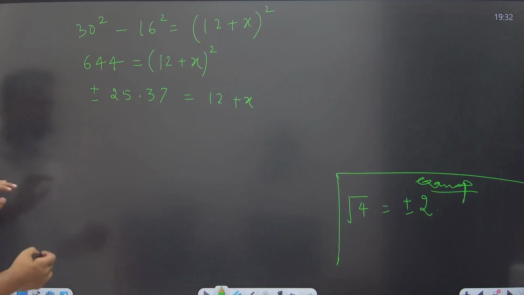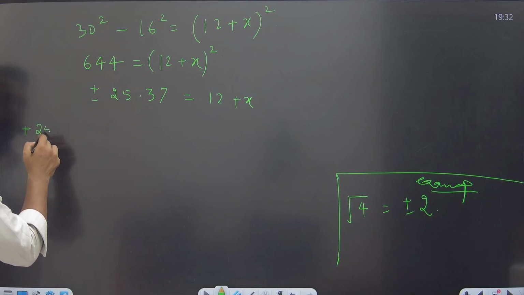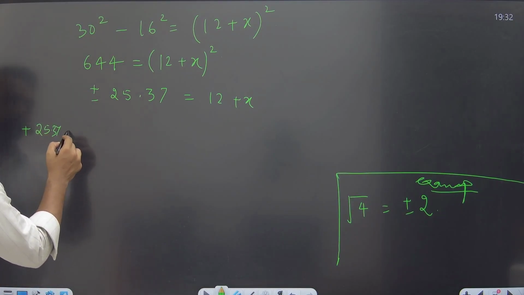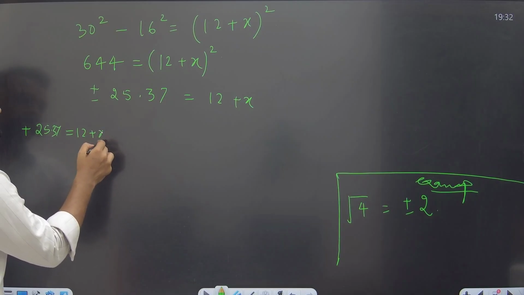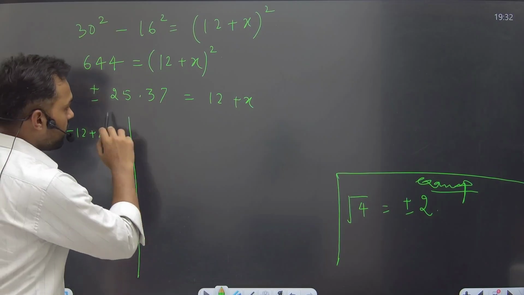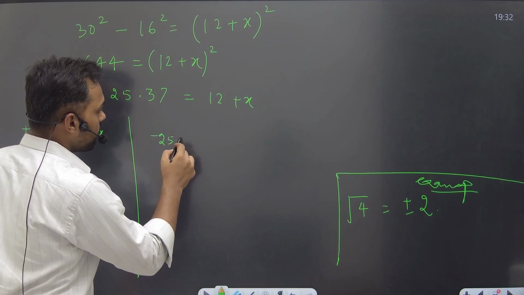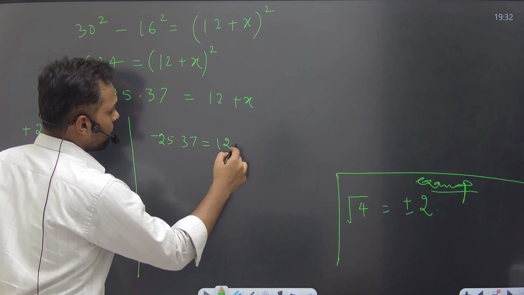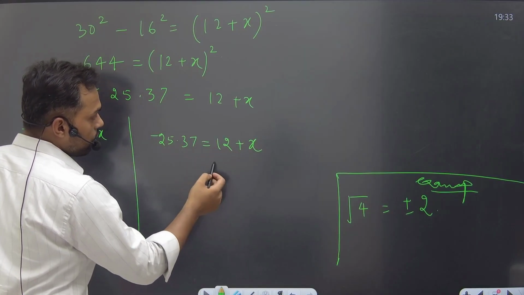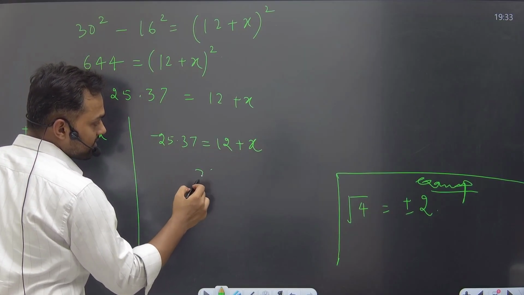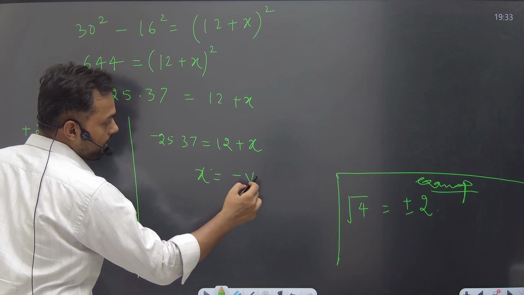Now if I say plus 25.37 equals 12 + X, this is the first case. If we take negative 25.37 equals 12 + X, from here you will get the side in negative format.